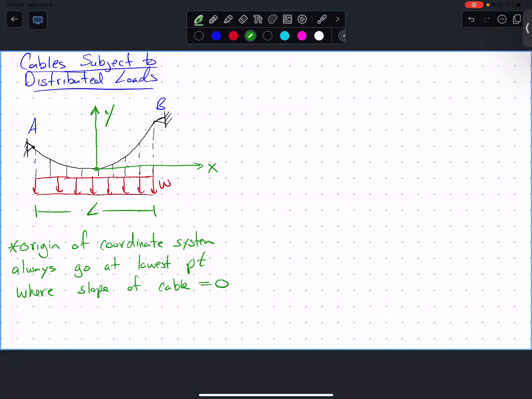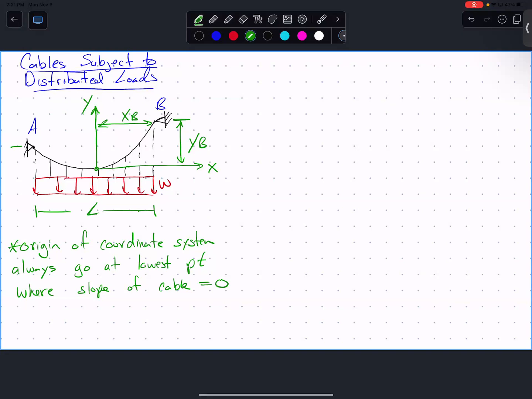Let's get some other geometry on here. Our vertical distance from that low point to B we'll call YB. The horizontal distance from the lowest point to B we'll call XB.